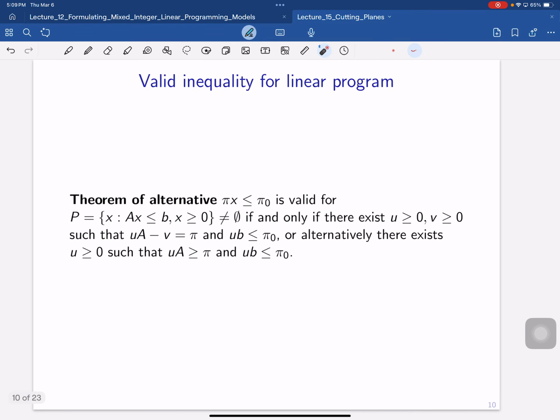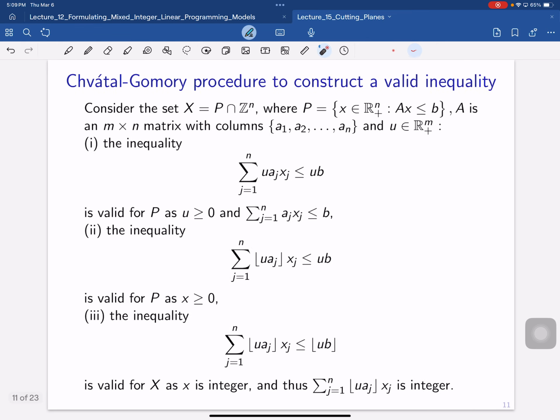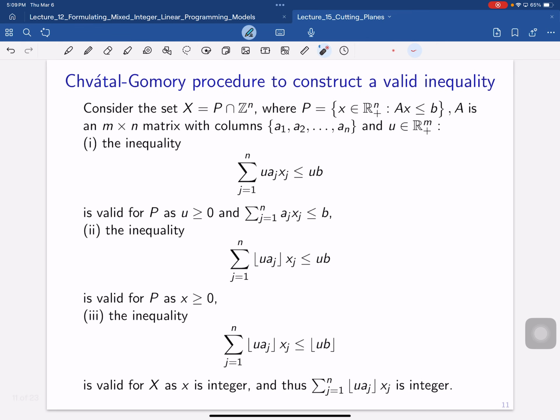Okay. So this can be represented as a general procedure. It is called the Chvátal-Gomory procedure to construct a valid inequality. The idea is the following. I mean, the theory is quite complicated, but this procedure is very easy to understand.